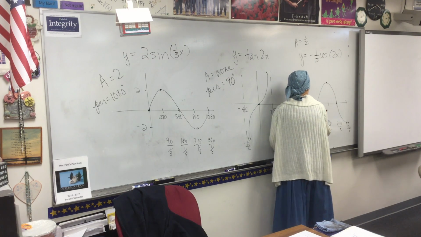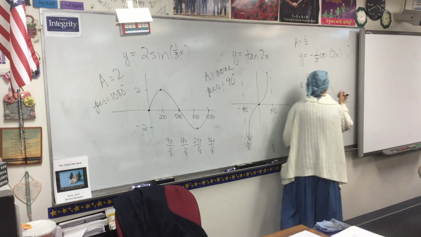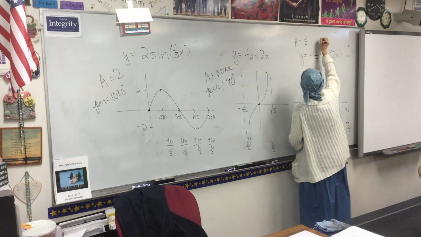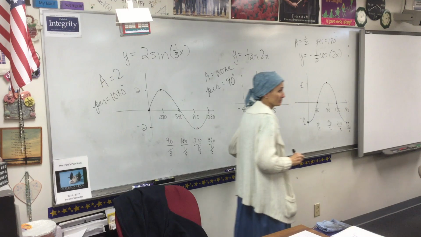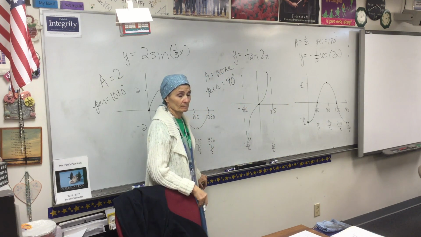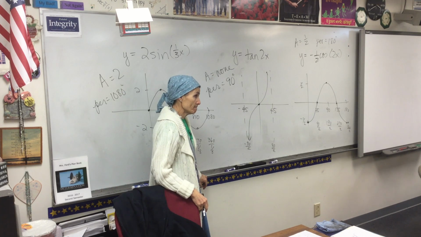So now they're 45, 90, 135, and 180, which means my period is 180 degrees. Is that okay?